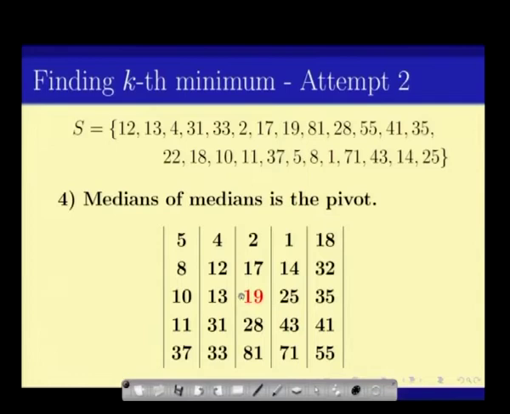We split this whole set into small sets of size 5 each. We sorted each of the small sets, found the median of each of them, considered the median of all of them, sorted the whole rows according to this median column, and then found the median of the medians. Let us take a small break now.